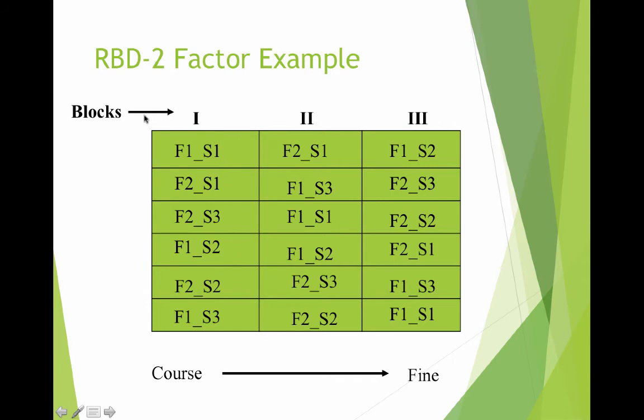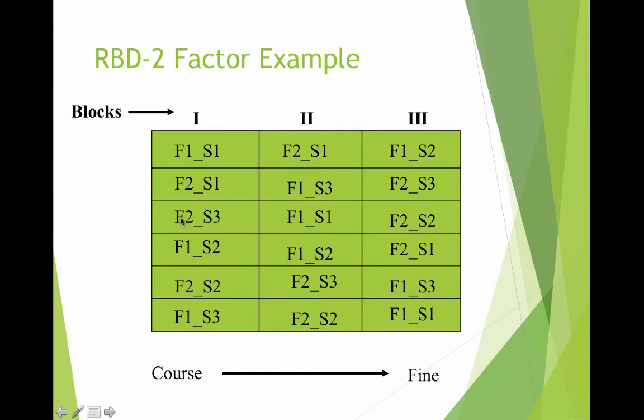Our blocks are going to be over the soil gradient. So we've got soil gradient number 1 here, soil gradient number 2 here, and soil gradient number 3 here. We can assume that this is going to be a coarse soil moving towards a fine soil. Within each block, each treatment has to appear. So we've got fertilizer 1 and fertilizer 2, both being tested within the context of soybean variety 1.